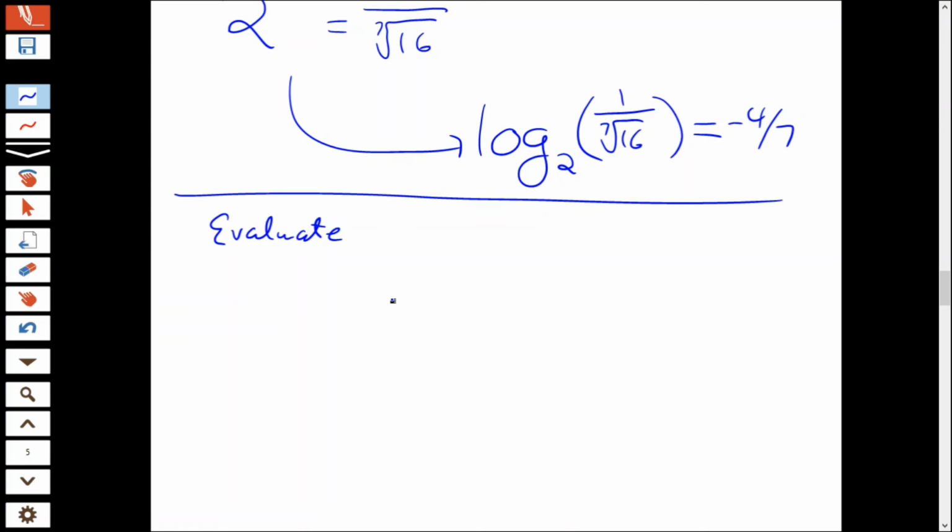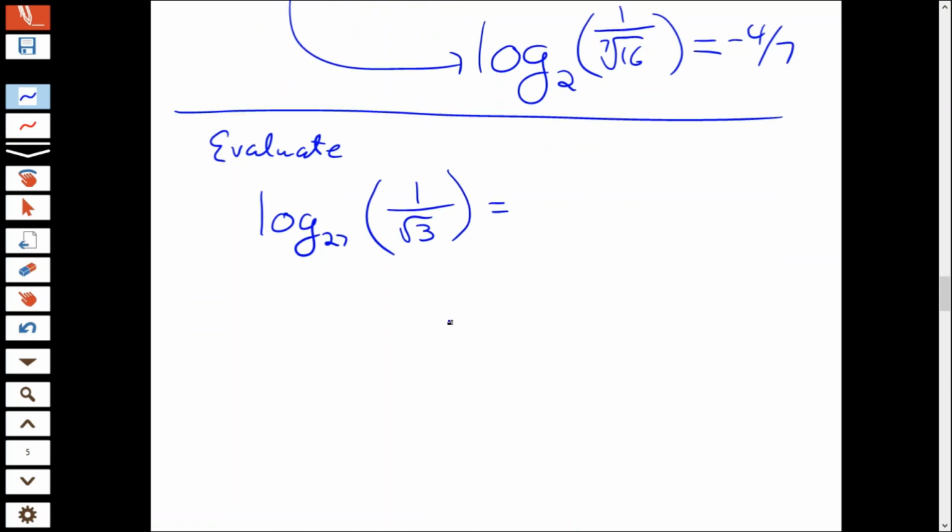We think about solving that equation, or we actually do. But if a student says, I have no idea how to evaluate log base 27 of 1 over the square root of 3, well, I say change it to an exponential and solve it. I mean, we know how to deal with exponents. So what is this log as an exponent?